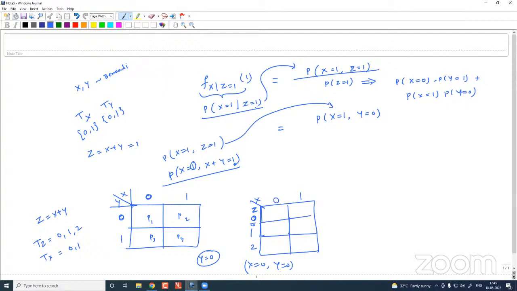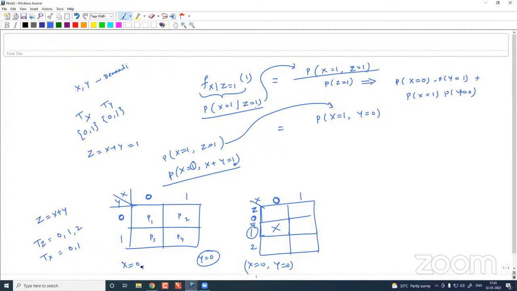Yes, sir. Okay. Similarly, when will z equals to 1 happen? x becomes 1, y becomes 0, or x becomes 0, y becomes 1. So when x is 0, which probability should I write in this box?